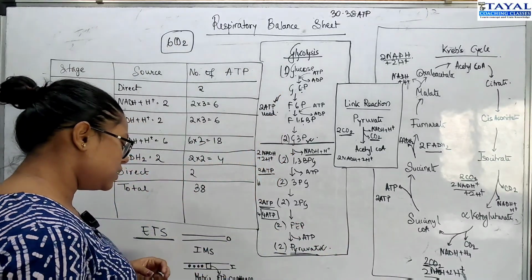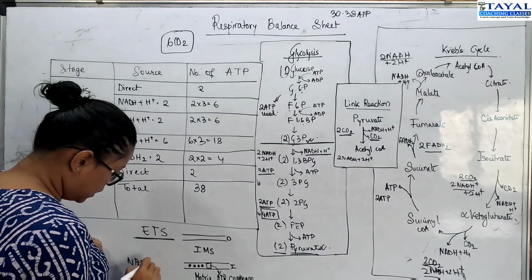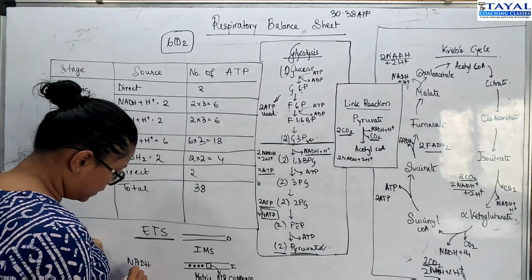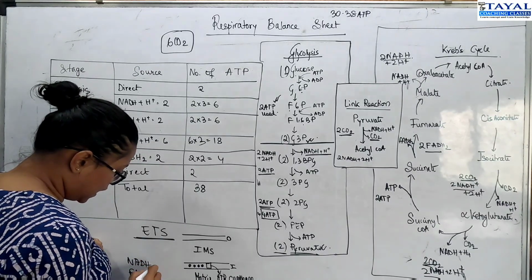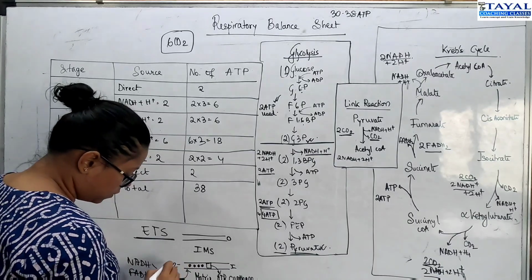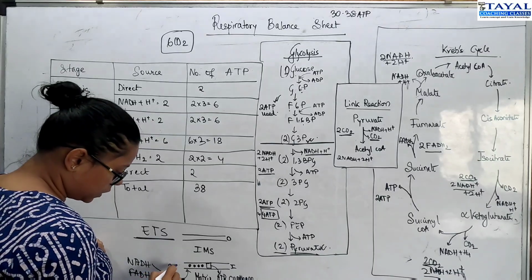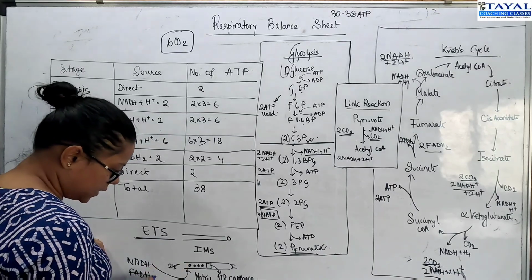These NADH and this FADH2 donate electrons, correct? NADH donates 2 electrons to the first protein complex.